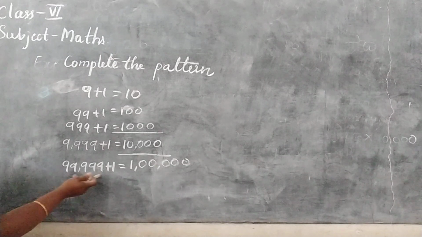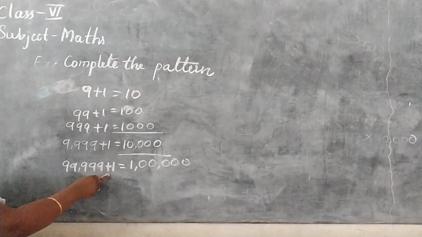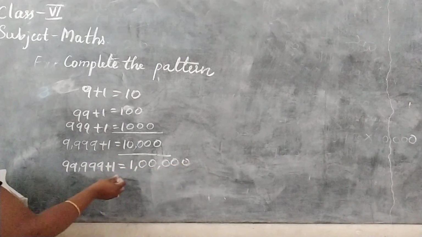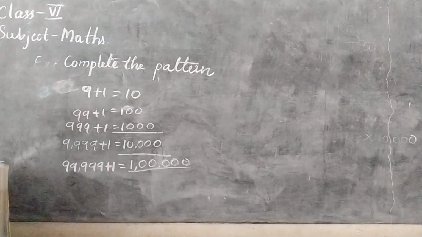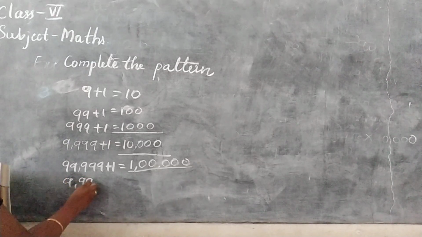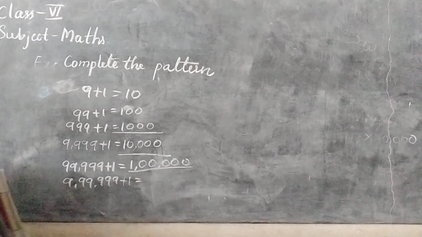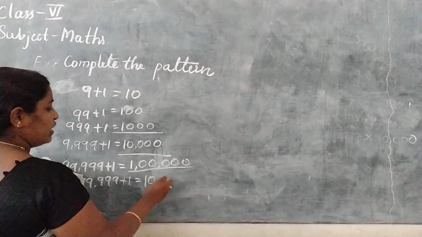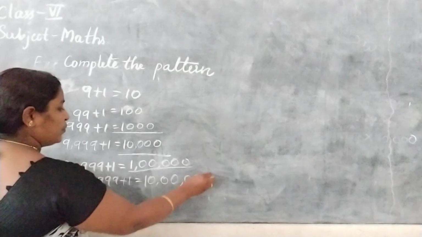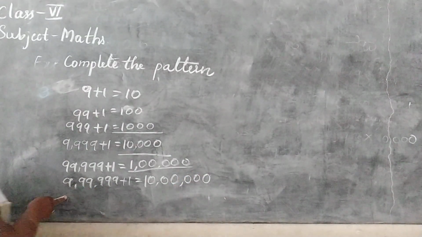Okay. Now this is the greatest 5-digit number. If we add 1 to this, we will get the smallest 6-digit number. Next, 9,99,999 plus 1, we will get 10 lakhs. This is the greatest 6-digit number.